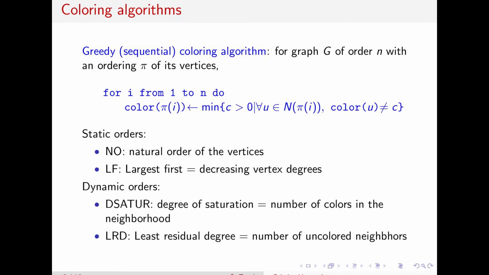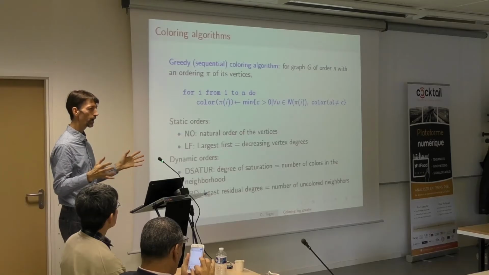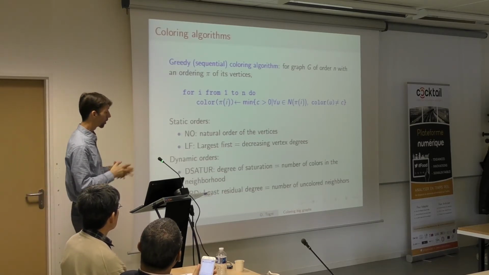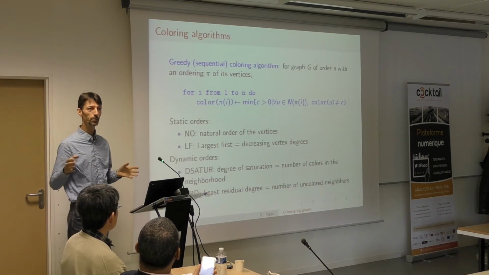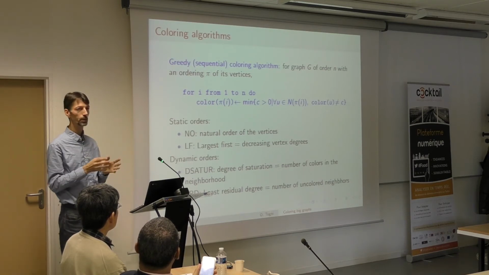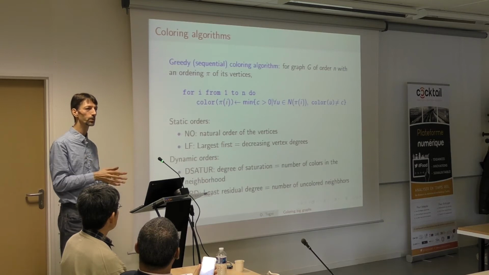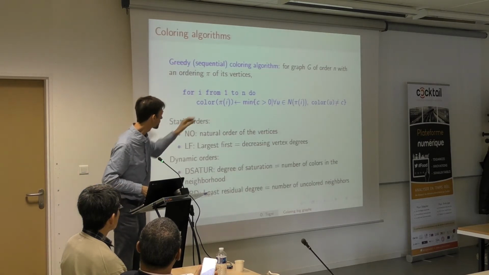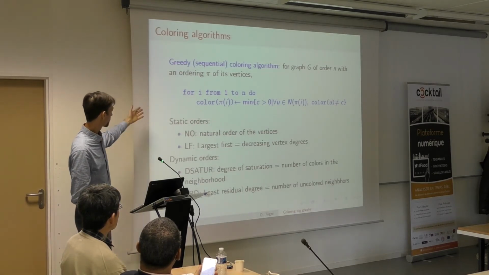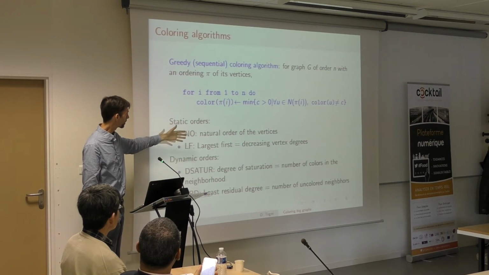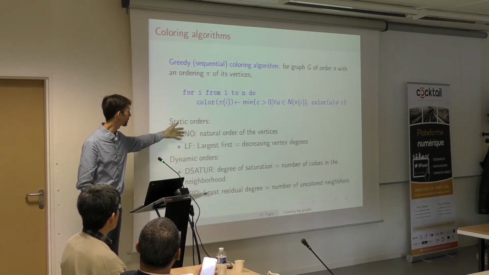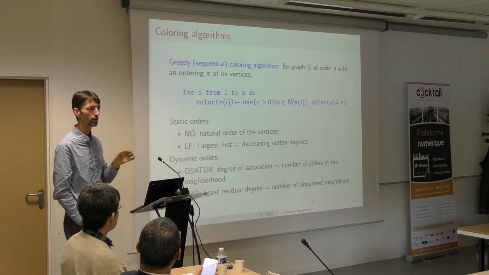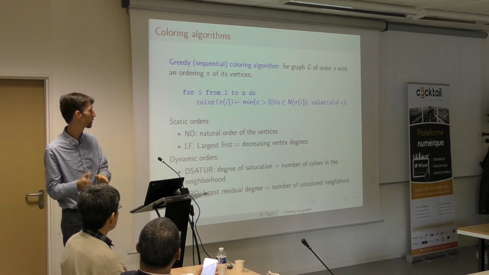Basically, you have a graph, you take an ordering on the vertices, and you color them following this order. Each time you color a vertex, you give it the smallest color available for this vertex. This is what is meant by this formula. Of course you can try with a very simple ordering, where you color the vertices in their order: vertex 1 first, vertex 2, and so on.